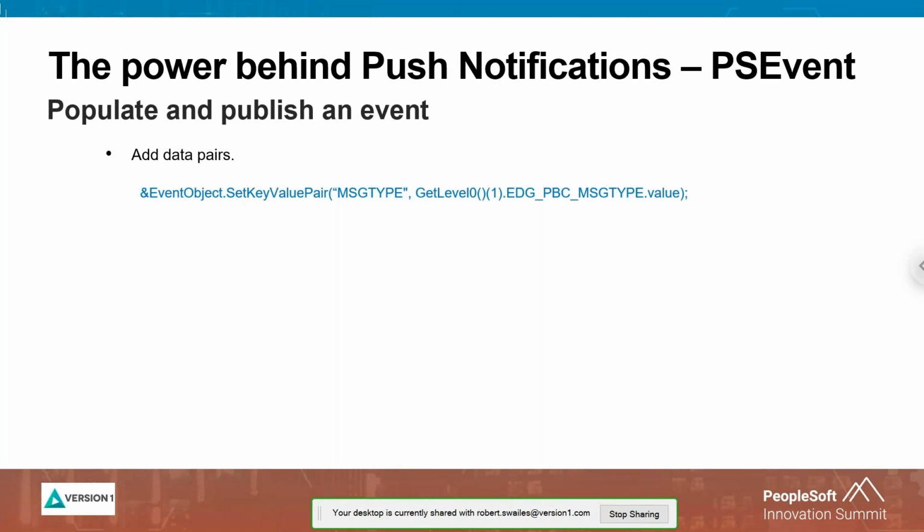And as I said, it's really straightforward. To populate the event object, I simply say set key value pair. I give it the key message type, and I give it the value, which here I've taken from the component buffer, and that's as simple as it is.